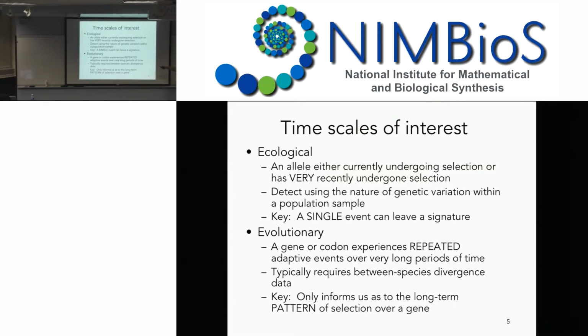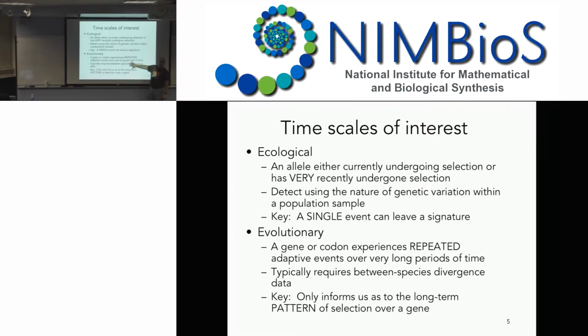So ongoing or just completed single events require polymorphism data. This requires between-species divergence data. This only informs us as to a long-term pattern of selection over a gene. So we can detect many, but not all, single ongoing events if they're large enough.